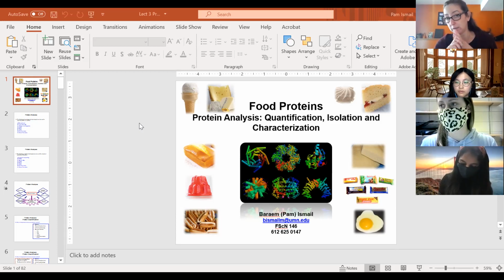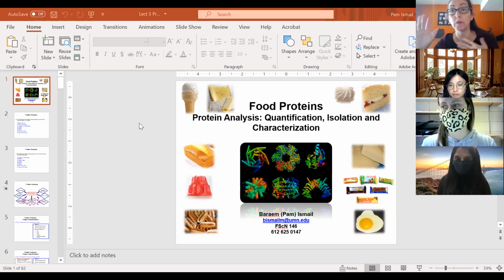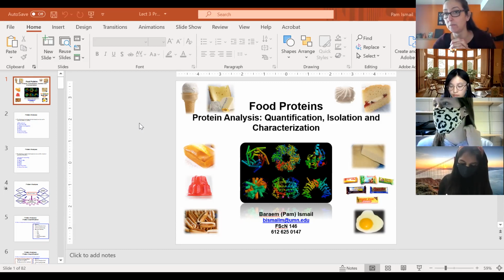And characterization can be understanding the structure, which we'll talk a lot about here, but also you have characterization of functionality, where we talk about it when I introduce functionality. For every functionality, I'll explain it, and then I would provide methods of analysis.